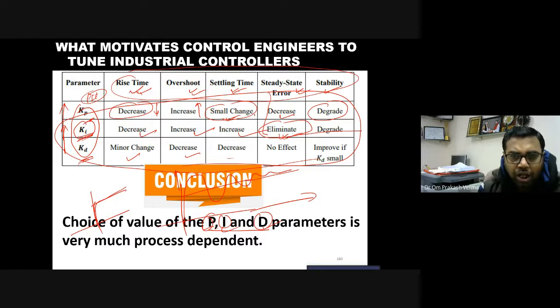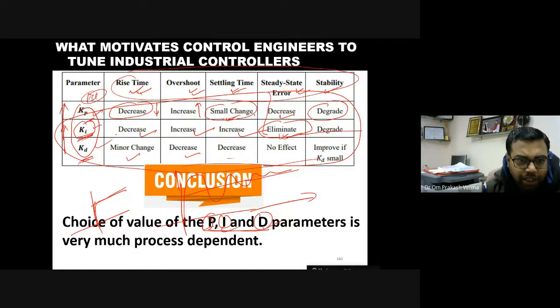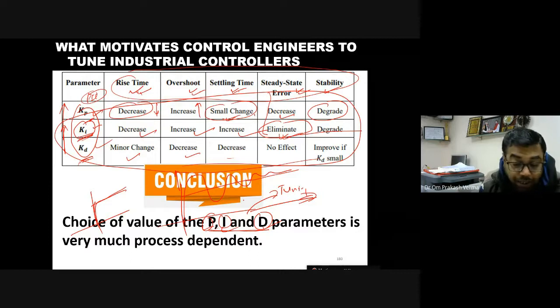The performance of the control response is dependent on the choice of the values of Kp, Ki and Kd. And this is called tuning: the searching of the optimum values of Kp, Ki and Kd, or Kp, tau I and tau D, is called tuning.